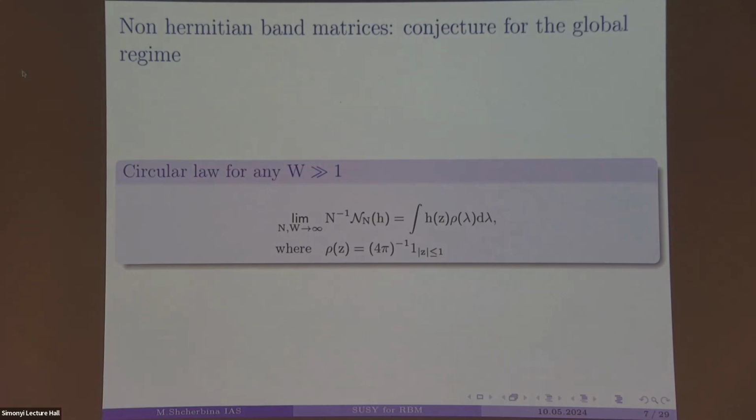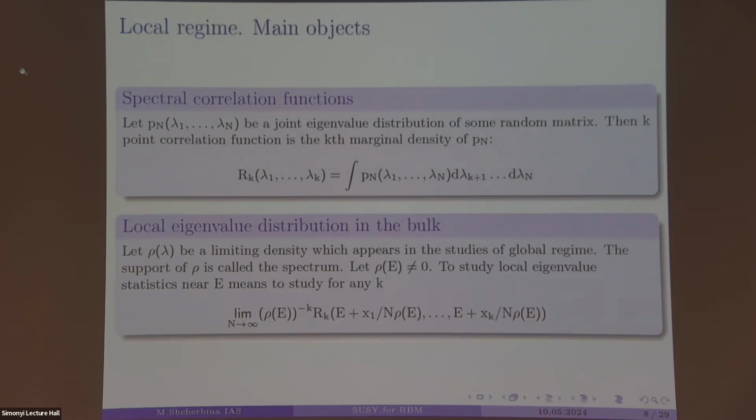And of course, people expect that we will have the same as for Ginibre, and for Ginibre it is the so-called circular law. The distribution is uniform inside a disk of radius 1. But this is just a conjecture till now, nobody knows how to prove this.